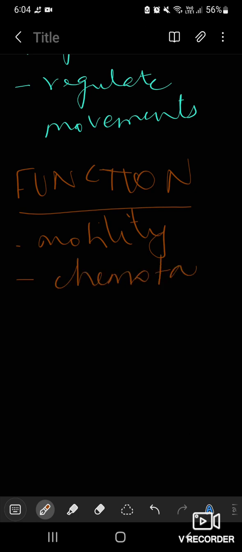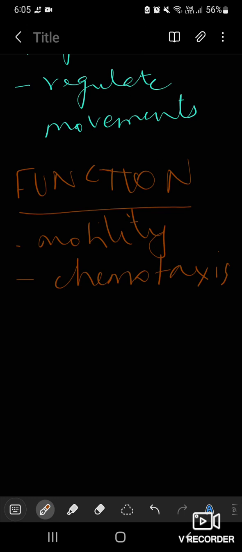So what is chemotaxis? So chemotaxis is basically the movement of the organism or the motile cell. Motile is basically the ability of the cell to move instead of being in a fixed area. So it is the movement of a motile cell or an organism to move in the direction of the gradient.